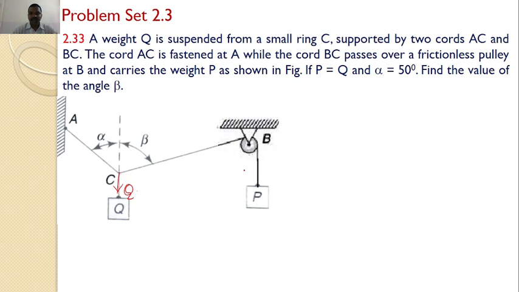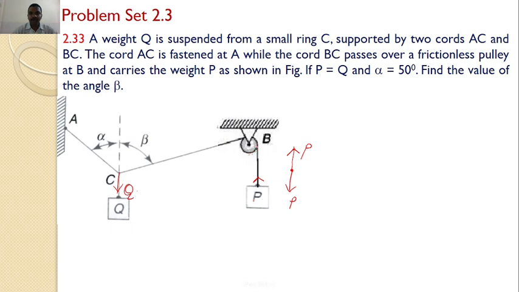Now look at this. The weight Q is attached at C, so the first force is Q acting downwards. The next one, the CB is a string that passes over the pulley, and at the other end of the rope a weight P is attached. So if you draw the free body diagram for this portion, the weight P acts downwards and the force will act upwards along the rope like this.